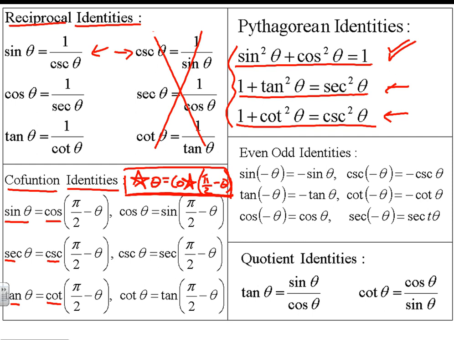Okay, even odd identities. If we just look at this, this is not one size fits all. Here's the deal on these. If we understand what the graphs look like on these, we've got it made. Hopefully by this time we know, I'll draw a quick little sketch here, that the graph of sine of x looks something like this.